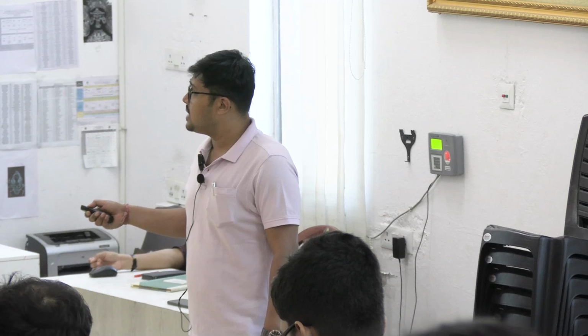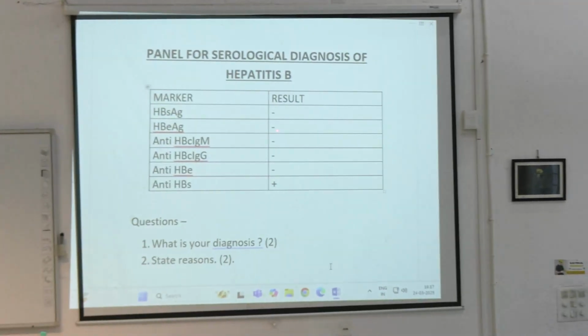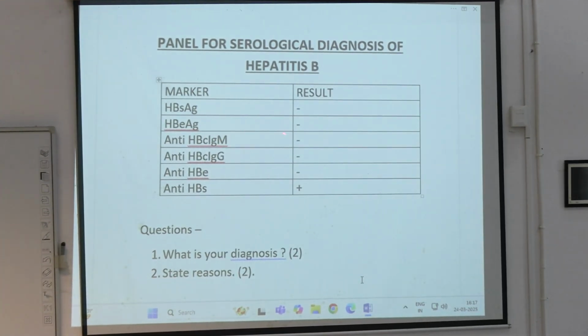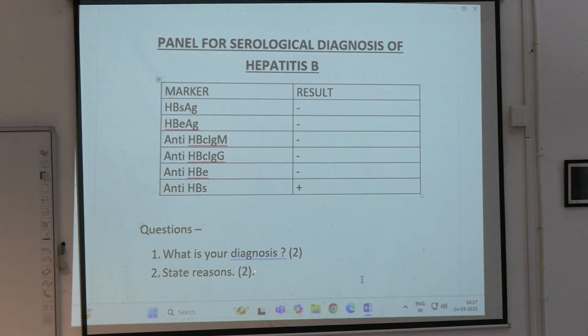So in the last panel, HBsAg absent, HBeAg absent, anti-HBc IgM also negative, anti-HBc IgG negative, anti-HBe negative, anti-HBs positive. So what is your diagnosis?